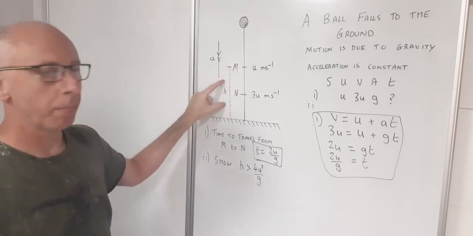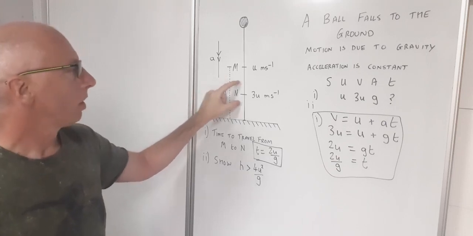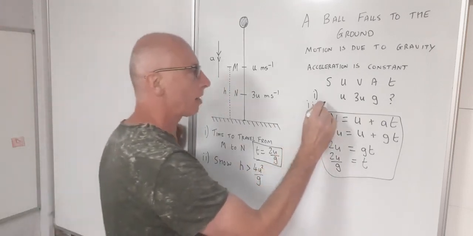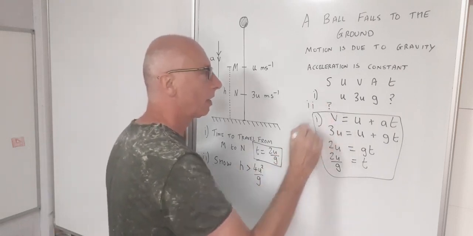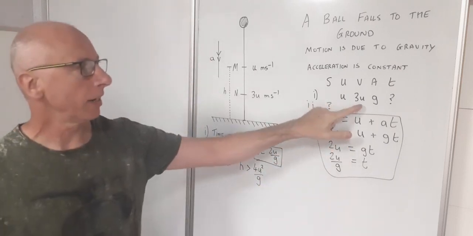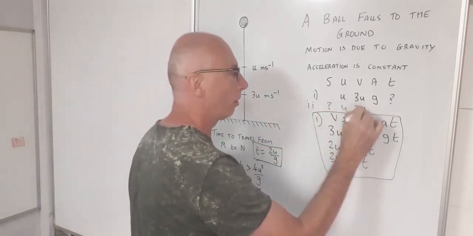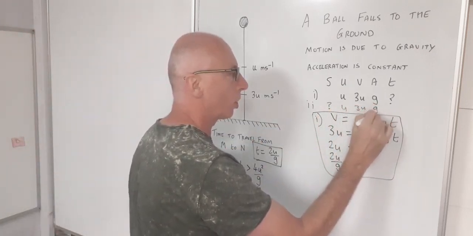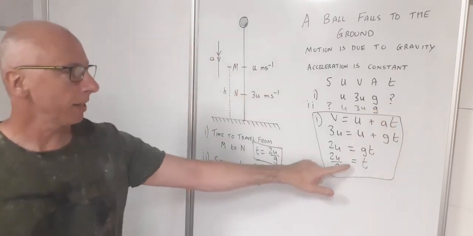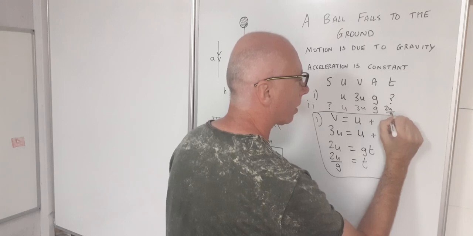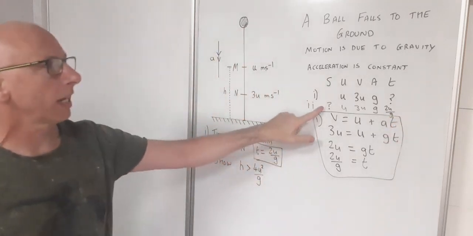S is the displacement, so that's what we need to find. U and 3u we know, so that's u and 3u. Acceleration is g, and t is 2u over g. So we've got that information.